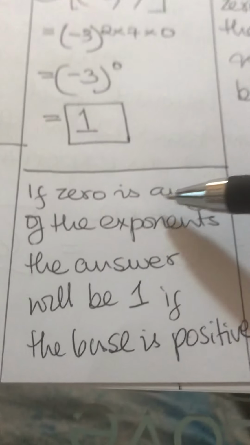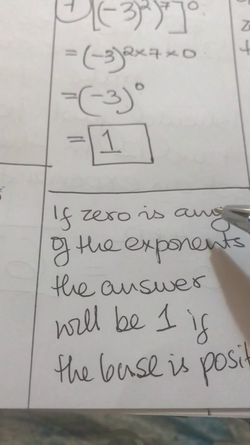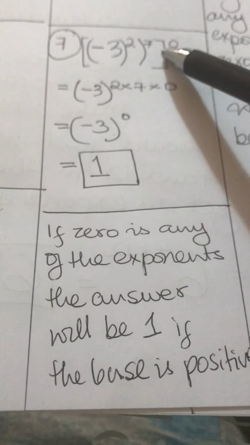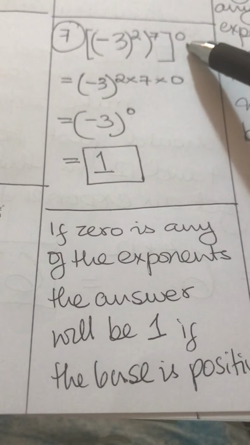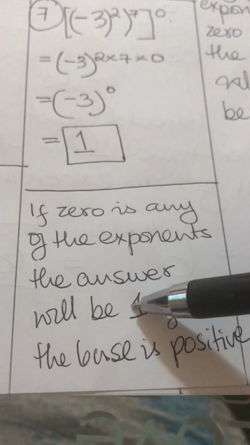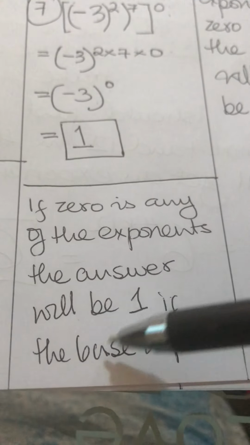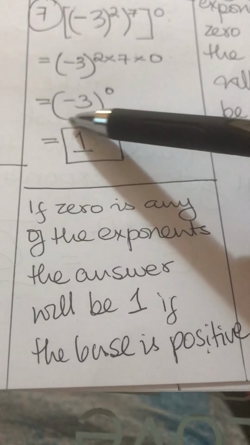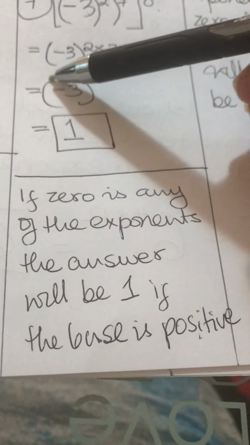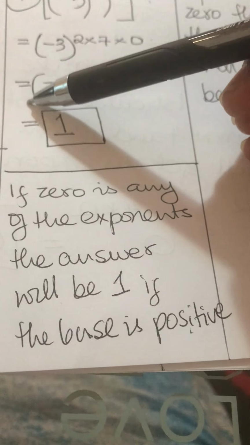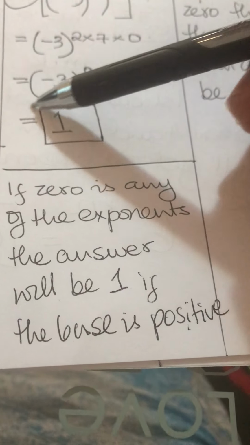So I have written here, if 0 is any of the exponents in the question, the answer will be 1 if the base is positive. This rule is only if your base is positive. How do I know this base is positive? Because outside here there is no sign, so this makes it a positive base. Okay?